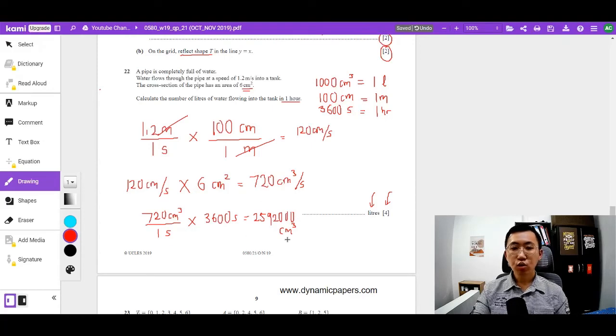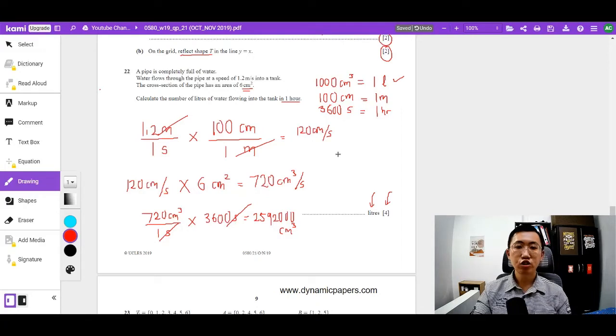So now you are going to change this into liters. Now you might be wondering, where did the second unit go? Remember here the units have really cancelled off each other. So that's how you get centimeter cube only. Okay. So from here we need to change to liters using this relation. Every 1,000 is 1 liter.